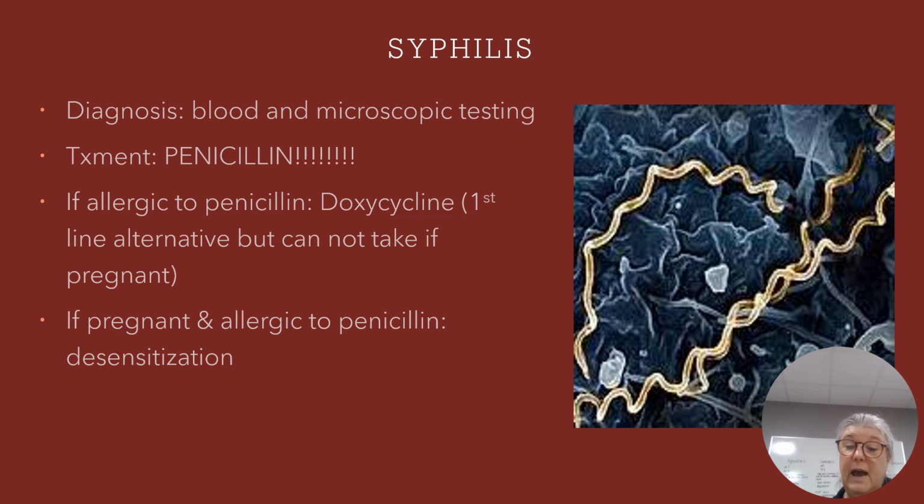If you are pregnant and have syphilis and you're allergic to penicillin, they will actually put you in the hospital and give you small doses of penicillin while you are being monitored to help get rid of the syphilis, all right? And this is because you can't take doxy, but penicillin is so much more effective, honestly, at treating syphilis than doxy. And they need to treat you because otherwise it's going to progress. So that is called desensitization, all right?